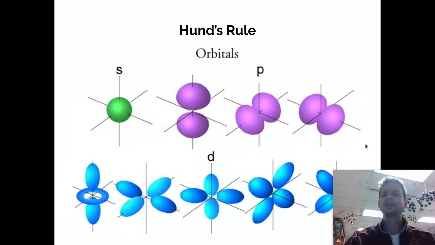Where it changes is when we get to a p sublevel and we look at the three orbitals, right? If we're going to place two electrons in here, right? Remember, these are the streets. I don't know about you, but I don't want to have a neighbor right on top of me. So if I'm going to build my house on a street, right? If I have a neighbor right here, I'm not going to build right next to him. I'm going to go over to the next street and I'm going to have my own property and I'm not going to worry about it.